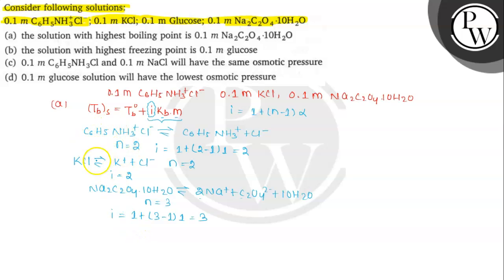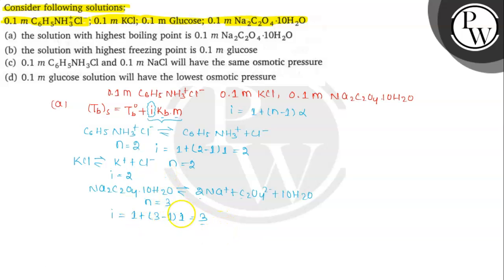So among these three solutions, the Van't Hoff factor is more in case of Na2C2O4·10H2O. That means if we compare these three solutions, the highest boiling point will be for Na2C2O4·10H2O because it has the highest Van't Hoff factor, that is 3.